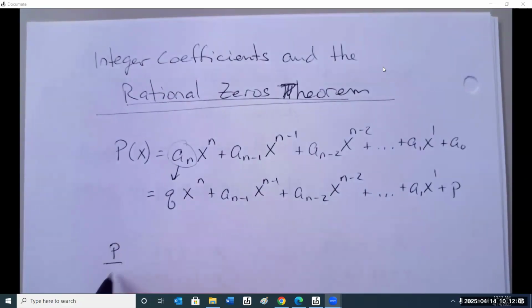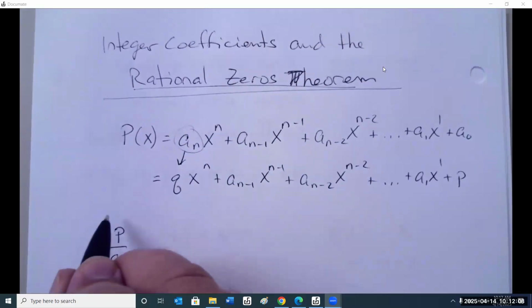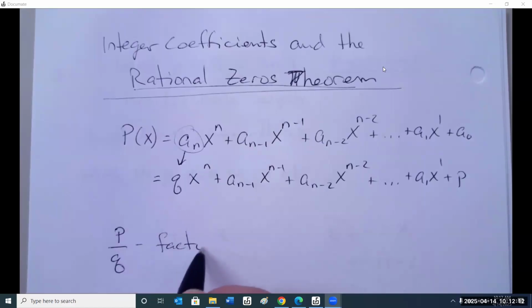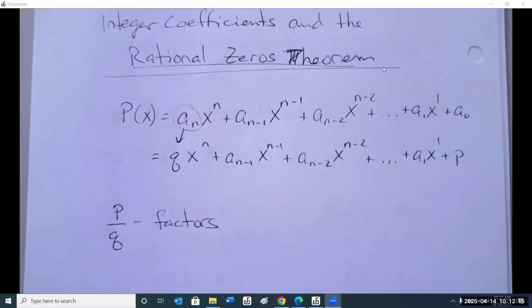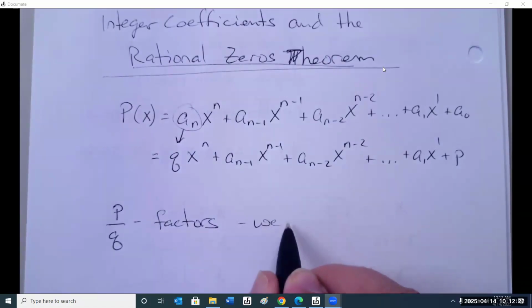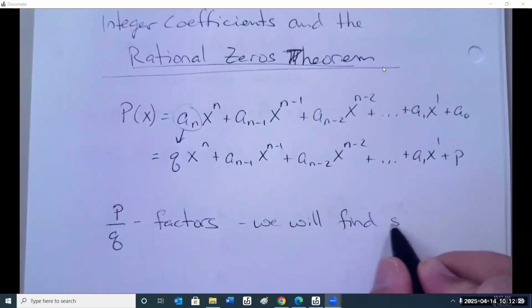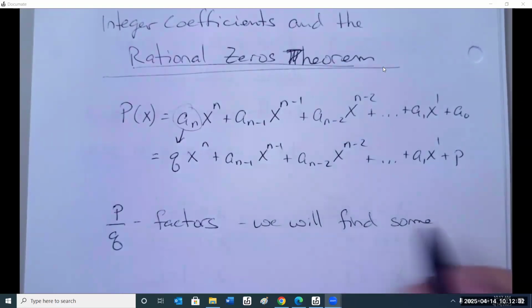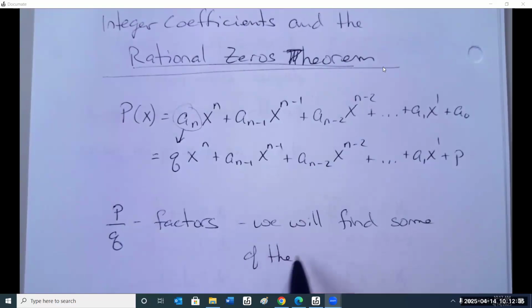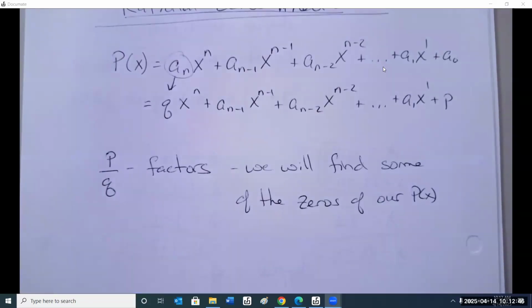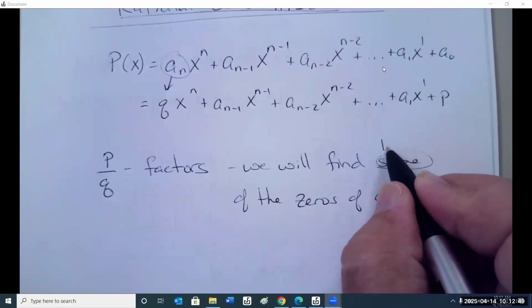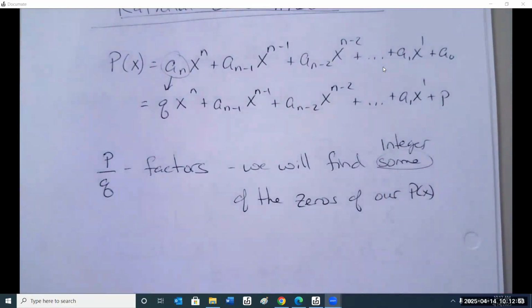By taking p over q, the p over q factors, we'll find some of the zeros of our polynomial. By some, I mean the integer solutions.